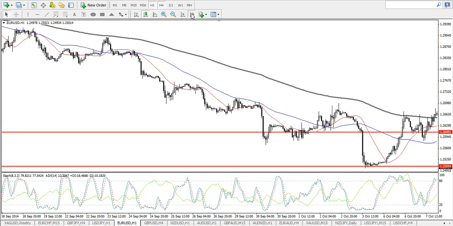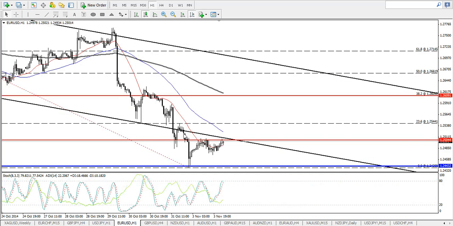So zooming into the 1-hourly chart, we can see that there was a reversal candle over here, just right below the bottom of this falling trend channel, and therefore again we can wait for the confirmation to go for the short again at this point of time.